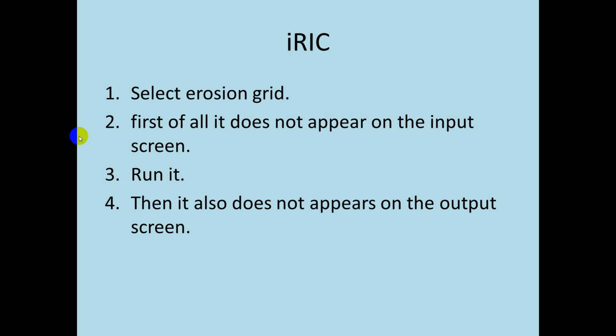Once you select an erosion grid, it doesn't appear anywhere. It doesn't appear on the input screen, it doesn't appear on the output screen. Anyway, I'll do a run, and you'll see it doesn't appear on the output screen too. Okay. Now, here we have our IRIC.